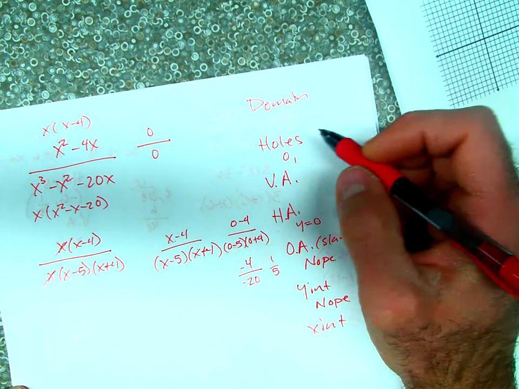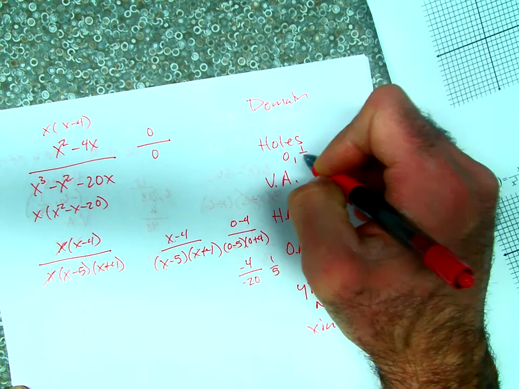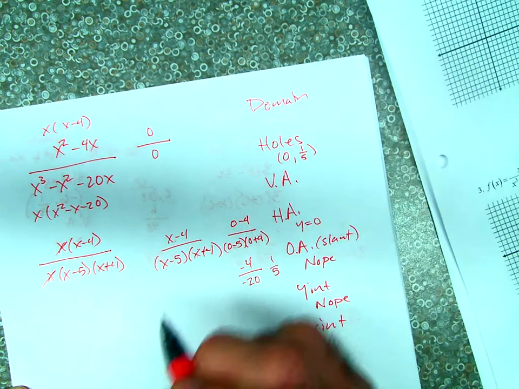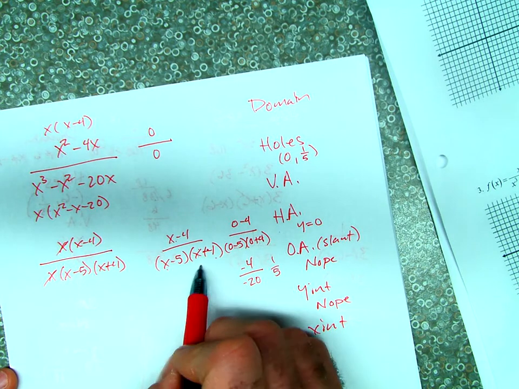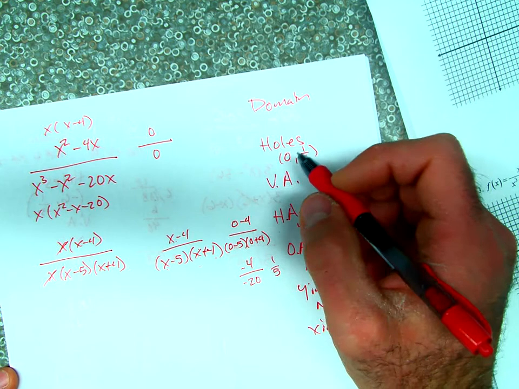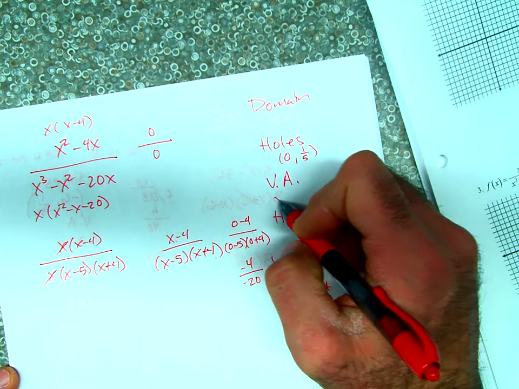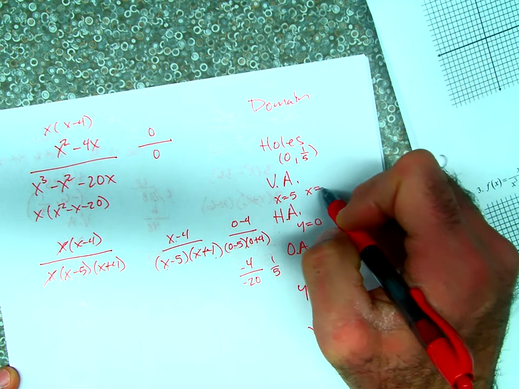Okay. So the y value of the hole is 1/5. Does anybody have any questions about that? Okay. Where do vertical asymptotes come from? The denominator, right? So what are they? We have 2 in this case. X equals 5 and x equals negative 4.